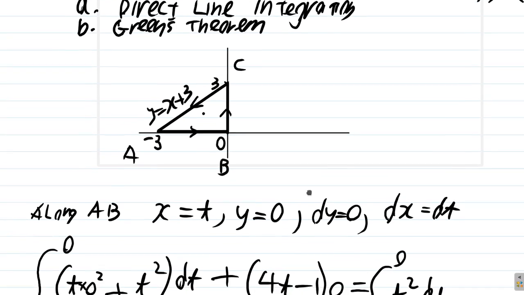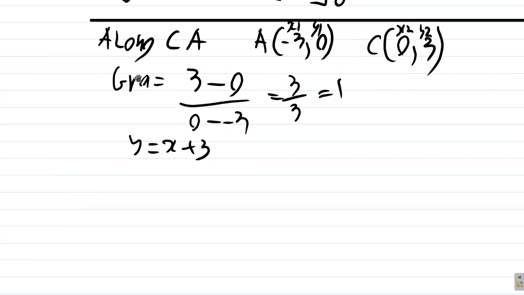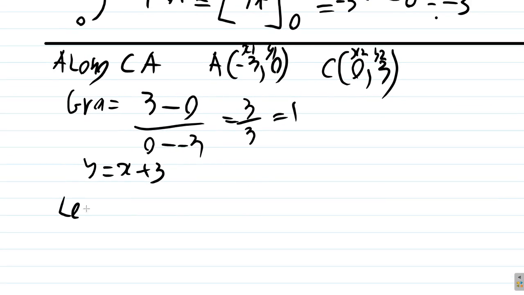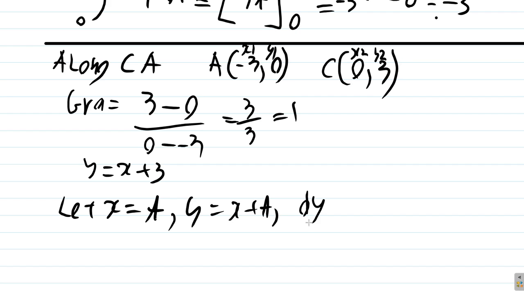What you can do now is let x be equal to the parameter t, y equal to x plus 3. Now what is dy? If you differentiate y with respect to t, you get dy by dt equal to 1.